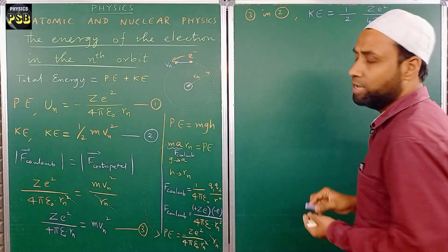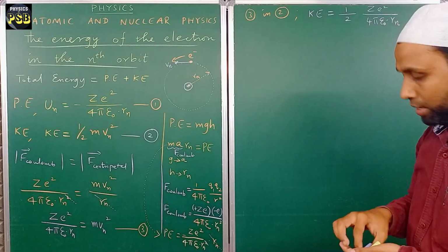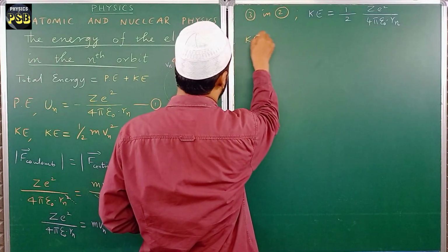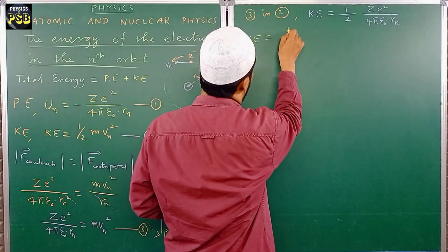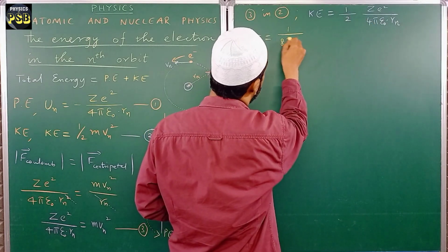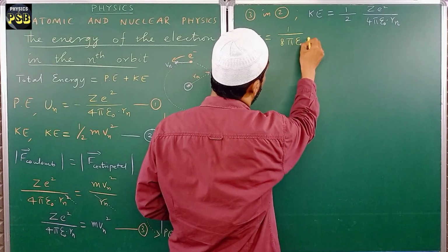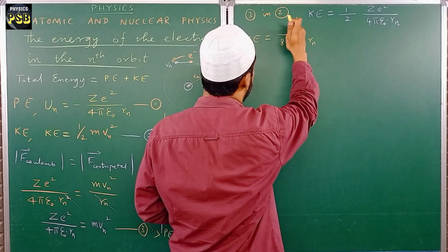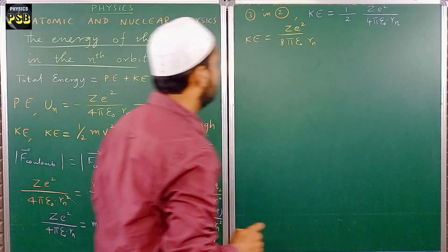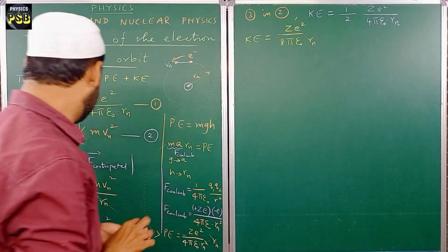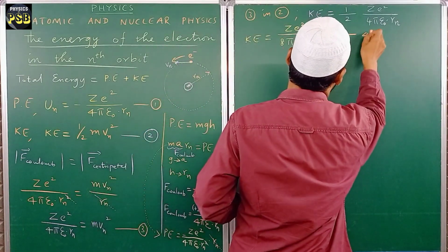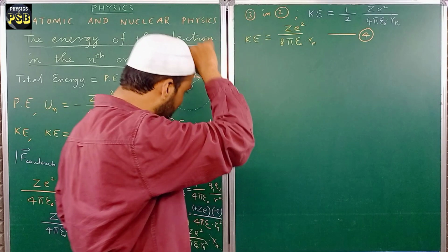If I multiply these two, then the kinetic energy will be Ze² in the numerator, and in the denominator 2 is multiplied with 4, so 8πε₀ Rn. This is taken as equation number 4. Equation number 4 gives us the kinetic energy of the electron.